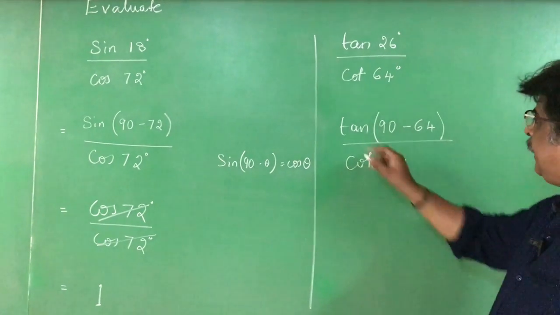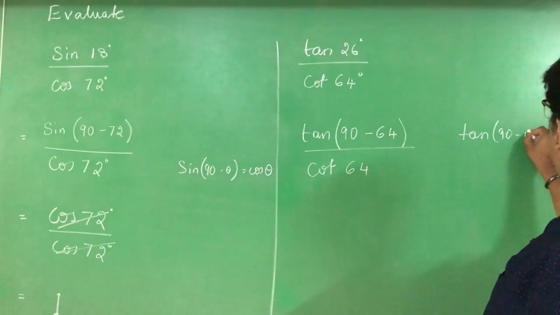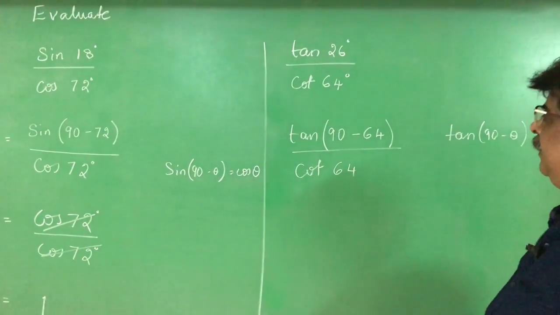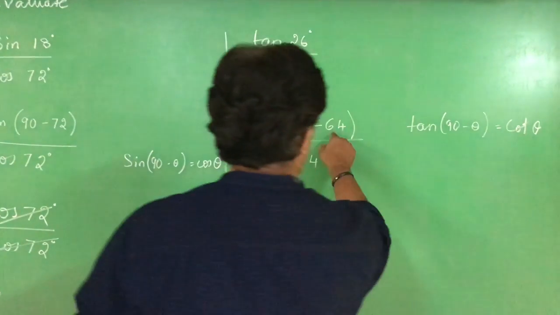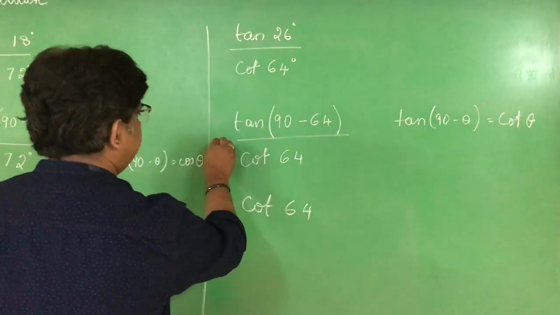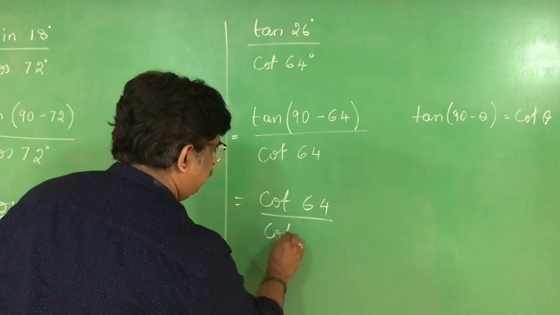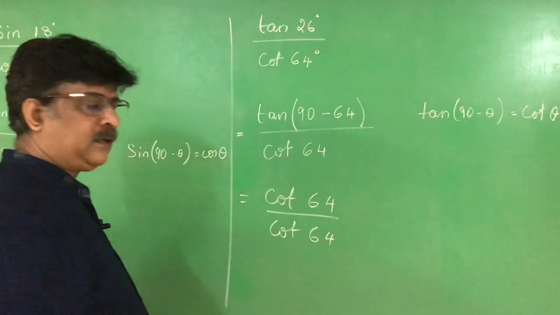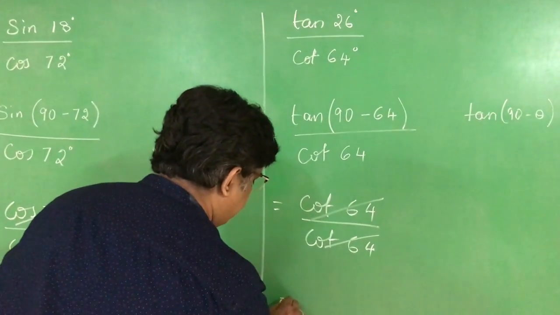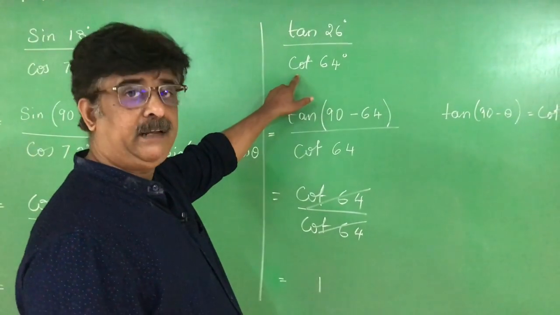Tan of 90 minus theta is cot theta, so tan of 90 minus 64 is cot 64. Cot 64 divided by cot 64, both are equal, therefore I cancel it out.